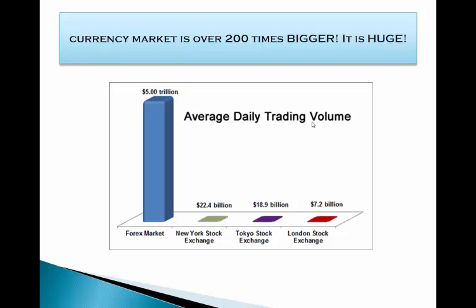Now, these are the biggest stock exchanges in the world: New York, Tokyo, London. When we combine all these three financial markets, we can't even come close to the forex market, right? So these two slides just give you some idea how big the market is that we are dealing with, right?